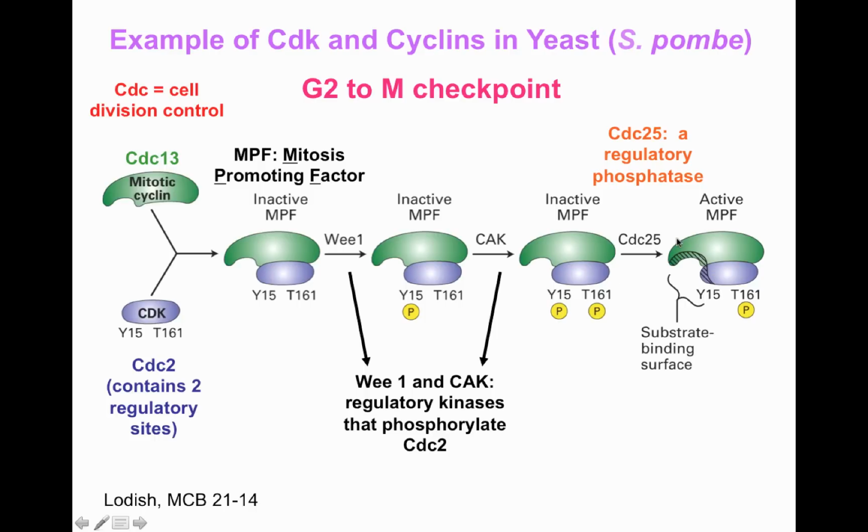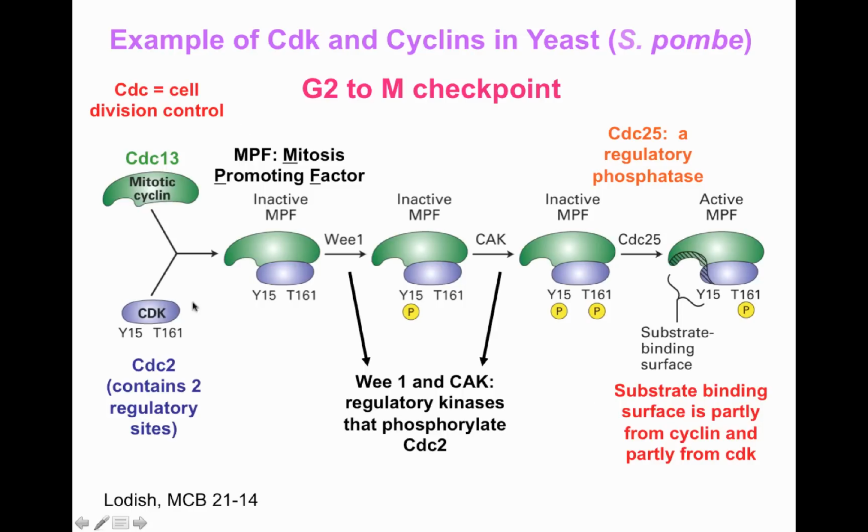The active site of the molecule is composed of both a little bit of the cyclin and a little bit of the CDK molecule. So that is one way in which the cyclin-dependent kinase complex is activated by phosphorylation and dephosphorylation.